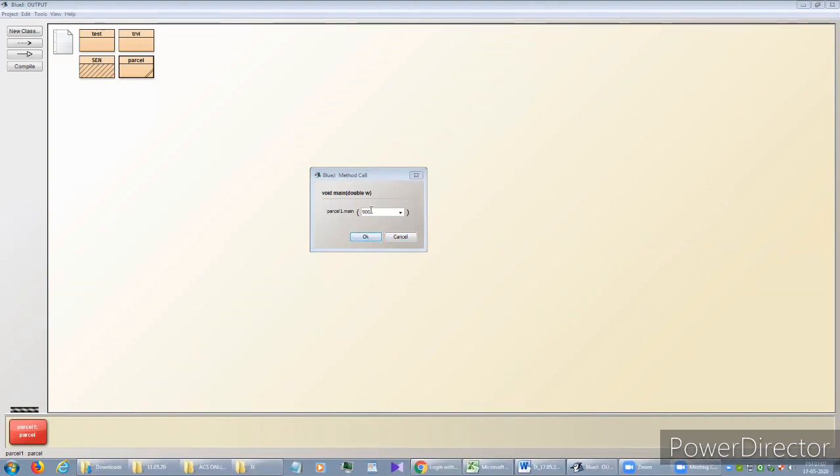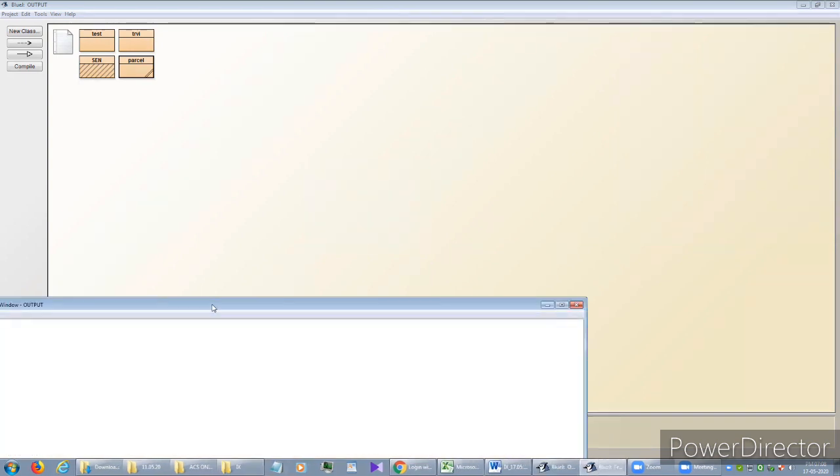If you give 900 gram, then what result will you get? Sir, 20. Yes, 20 rupees. Let's see. See, the result is 20 rupees.